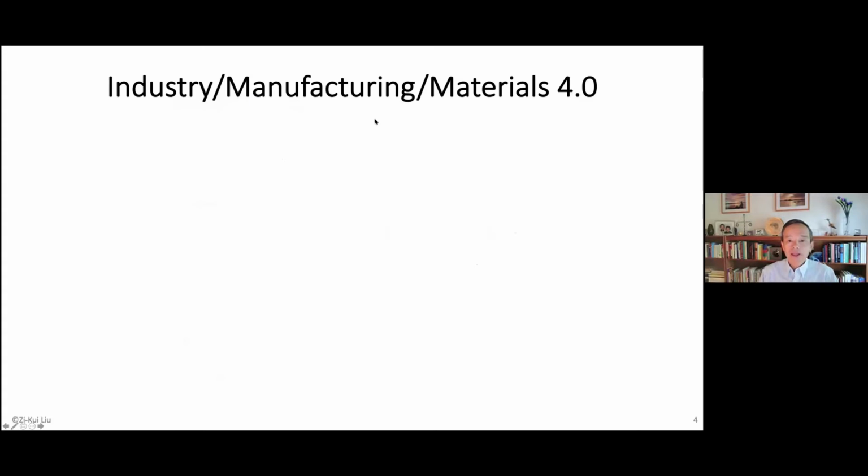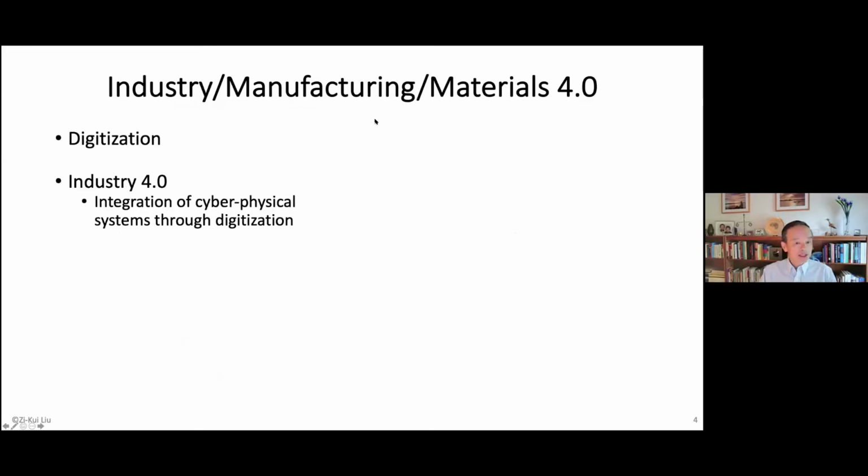Now, industrial manufacturing and materials 4.0 today. If I take one word to describe 4.0, it's digitization. So what are we going to digitize? We're going to digitize everything. We want the integration of cyber, digital, and physical systems, all combined together.